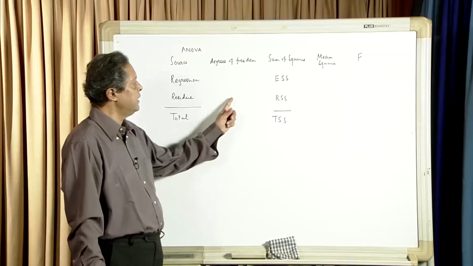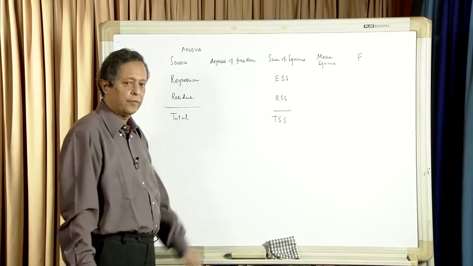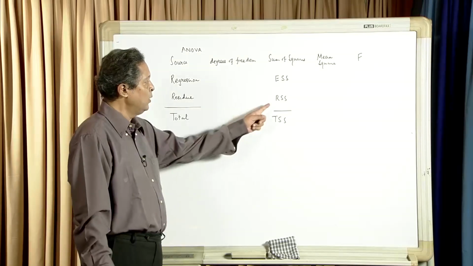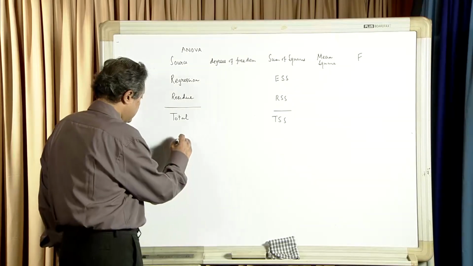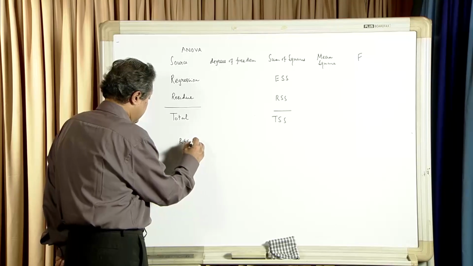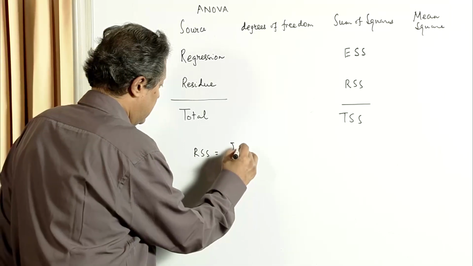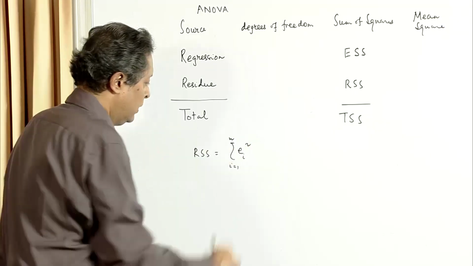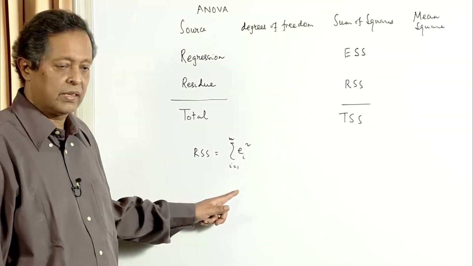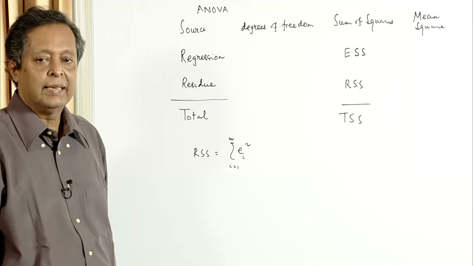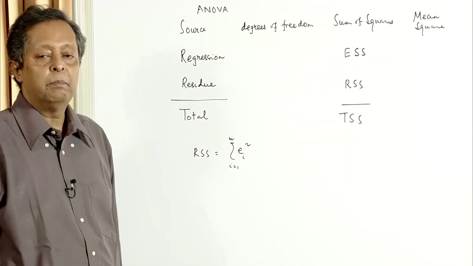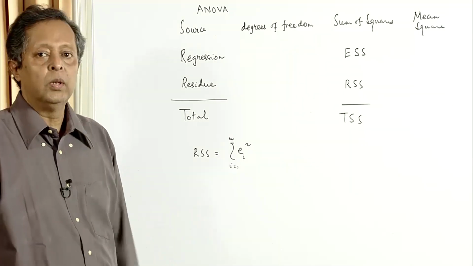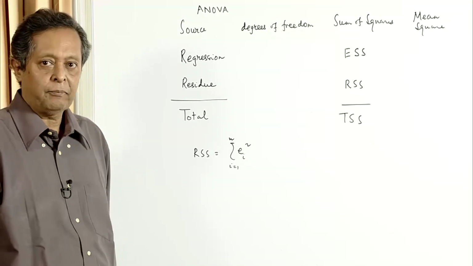Now, let us come to the degrees of freedom, the concept of degrees of freedom. As we know, residual sum of squares is the sum of the squares of the error terms. In order to arrive at this, we had to estimate beta 1 hat, beta 2 hat, right up to beta k hat.